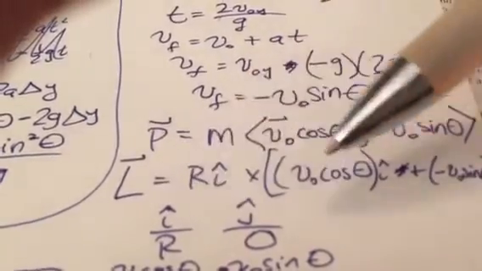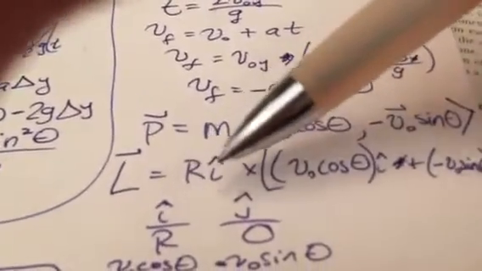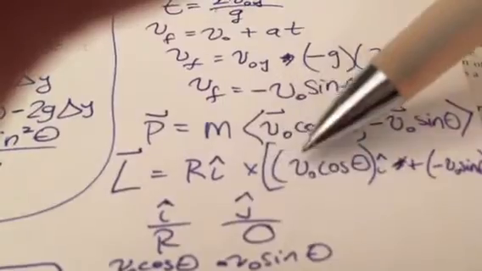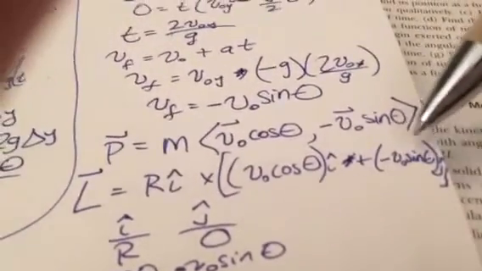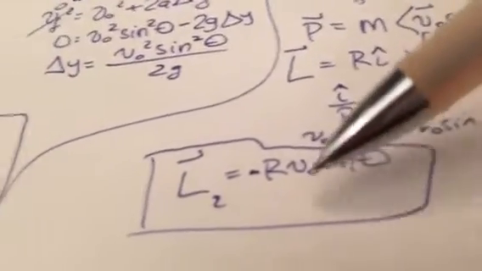So now we can finally plug in R cross P: R in the i direction, cross v naught cosine theta in the i direction, plus negative v naught sine theta in the j direction. We use our little table again, and we cross this and get negative R v naught sine theta times 1, or minus 0. So our answer for the angular momentum is negative R v naught sine theta.